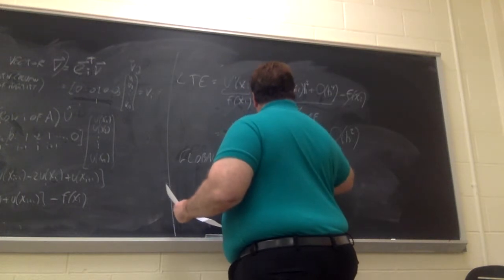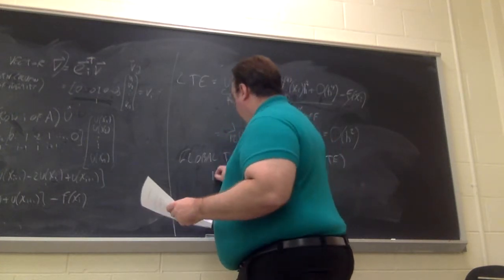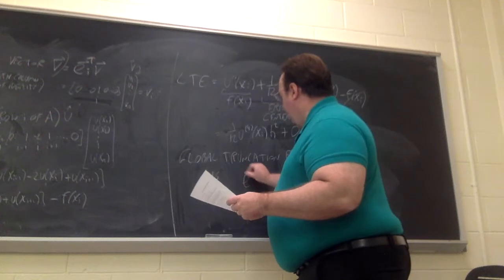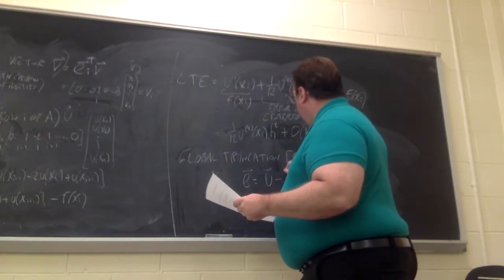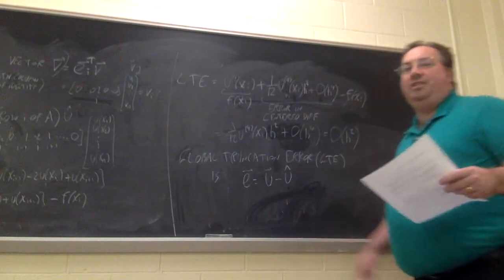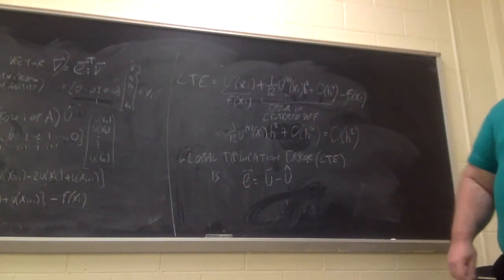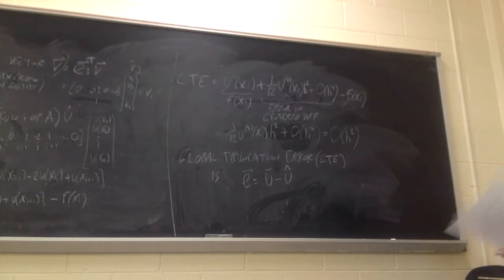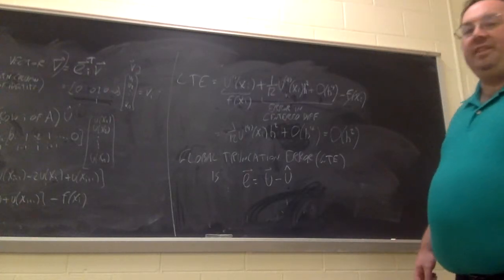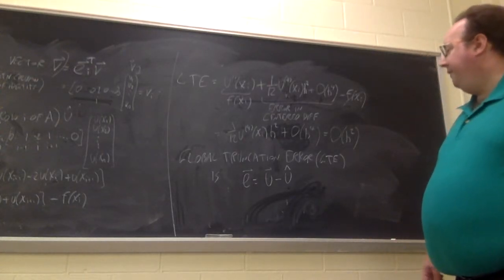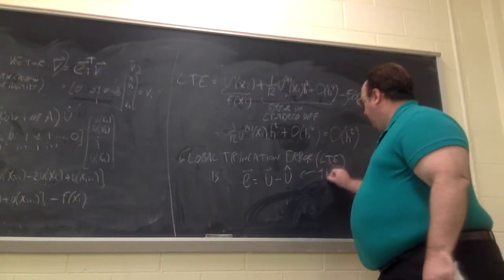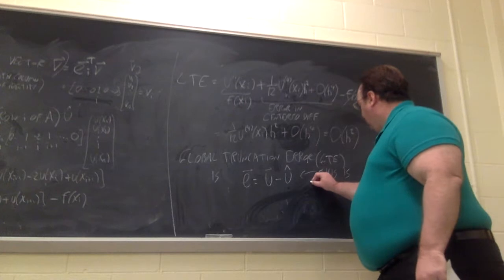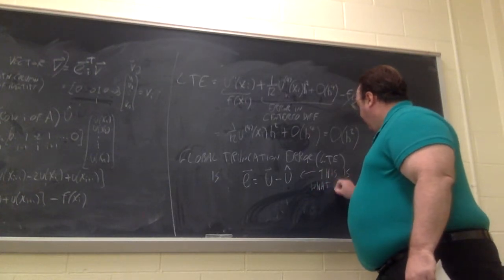So GTE is defined to be the computed solution minus the exact solution, evaluated at the grid points. So it's also a vector. This is what really matters.